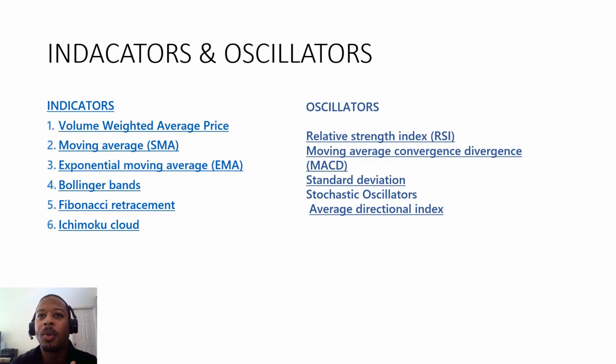So oscillators are technical indicators that typically range between 0 and 100, and they usually have them reading inside closed value ranges. Okay, so just know that usually when you're looking at oscillators.